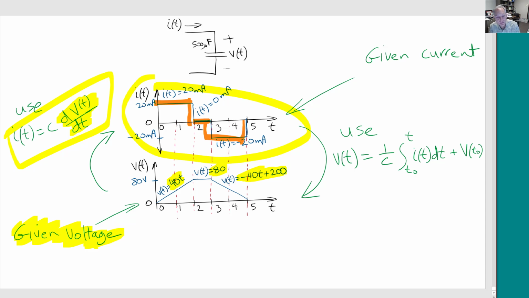These kinds of questions typically appear on the final exam. You can get one for a capacitor like what we've done now, or you can get one for an inductor, which we will do in a later lecture.